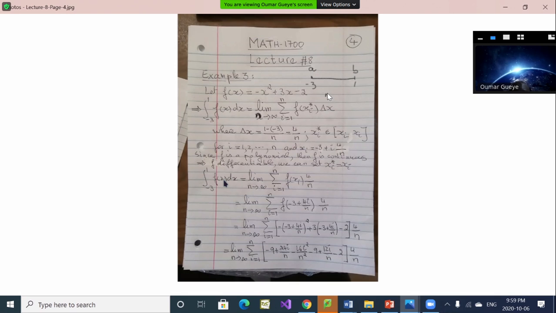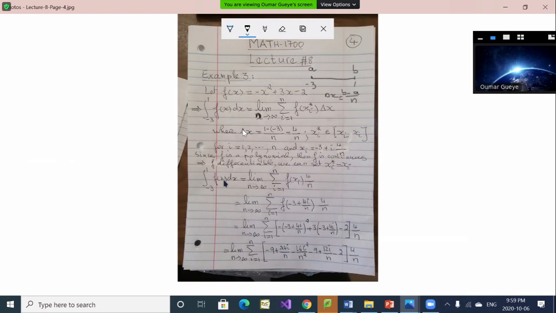The formula says delta x equals b minus a over n. That's what we saw before. In our case, b is 1 minus -3, which is a. When you calculate, you will get 4 over n.